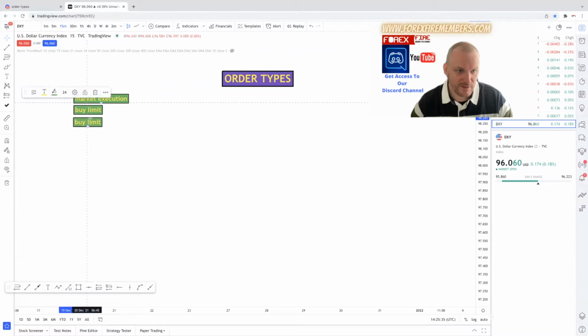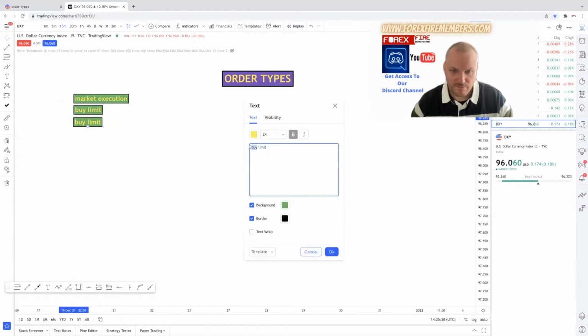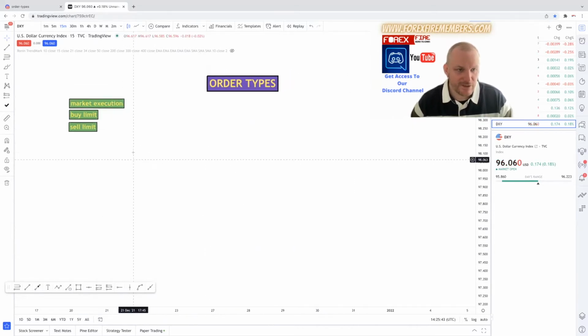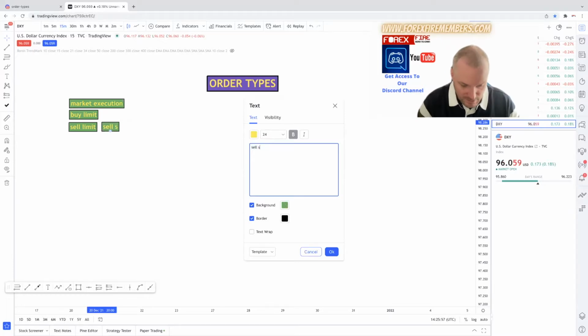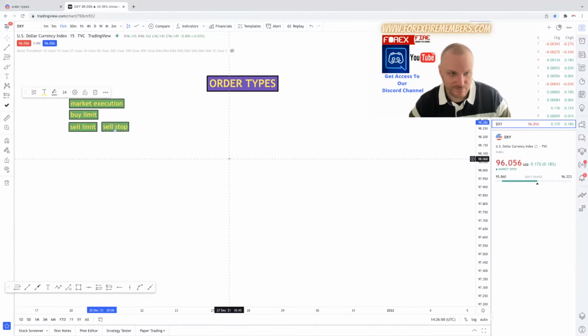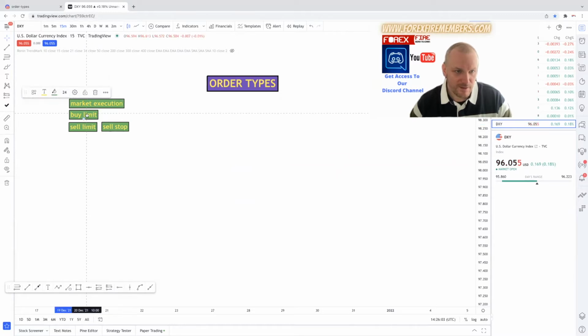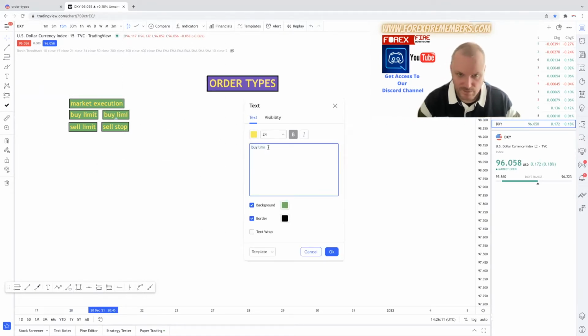We have a sell limit. And then on the other side, we have sell stop. And we also have a buy stop. Okay.